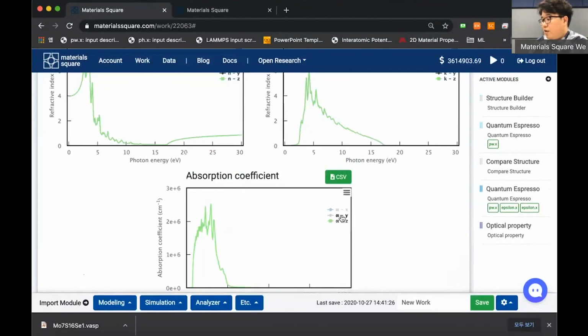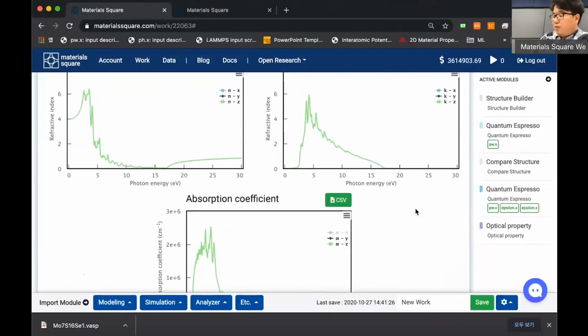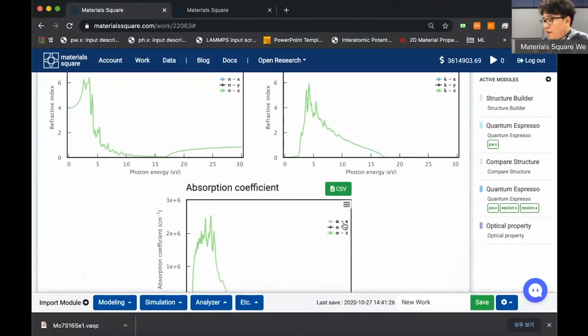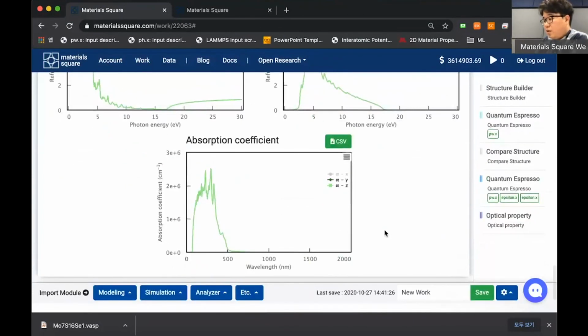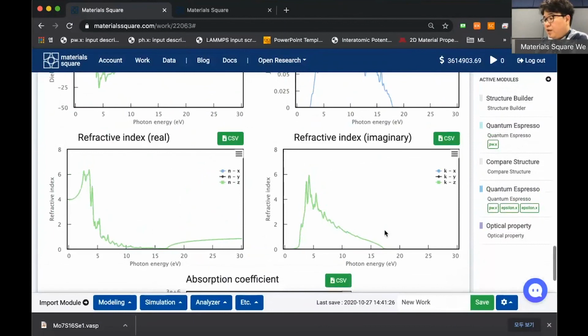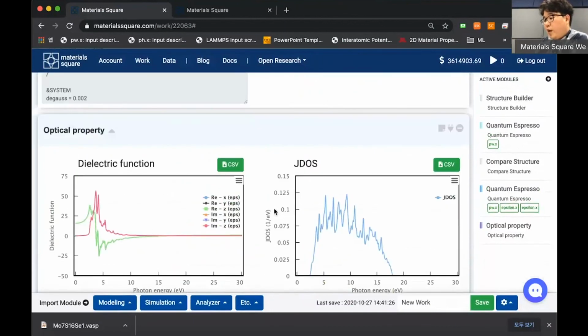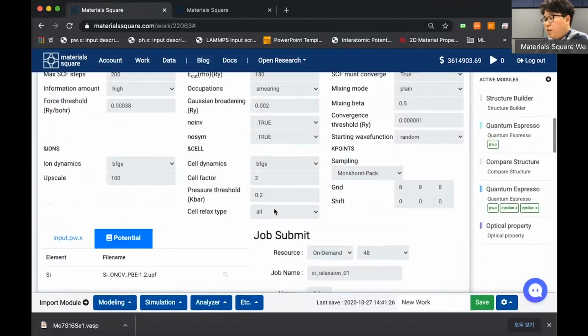So it has three data sets, but you know silicon is homogeneous. I mean the X, Y, Z directions are symmetric. So alpha X, alpha Y, and alpha Z should be the same. So this is how to calculate the optical properties on MatSQ.